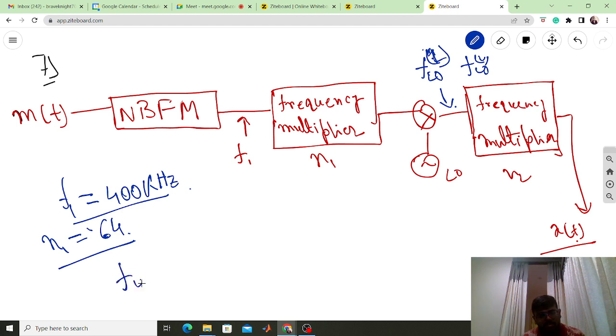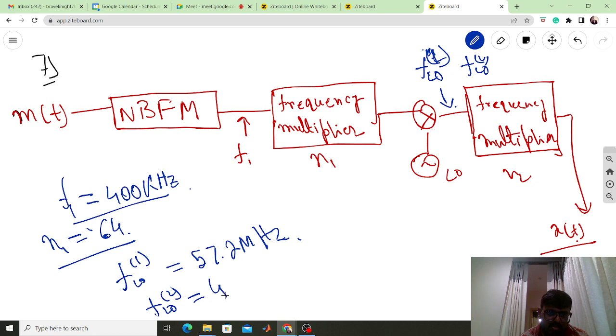That is, FLO 1 is 57.2 megahertz and FLO second frequency is 4 megahertz. Then here XT, and there will be two defined frequencies at the output of 2, and these will be nothing but just multiplying these two by the factor N2, which was 48.